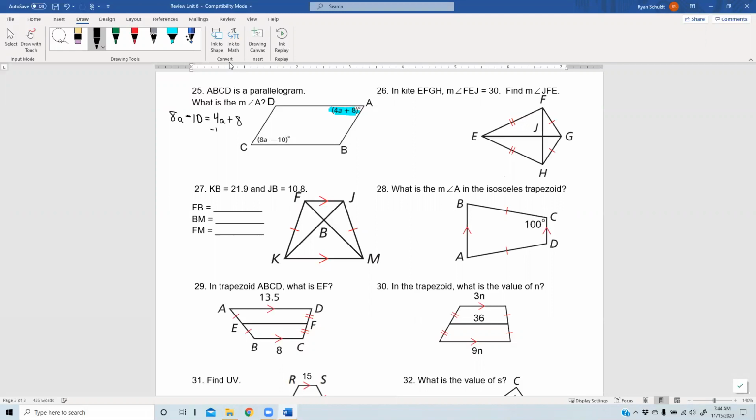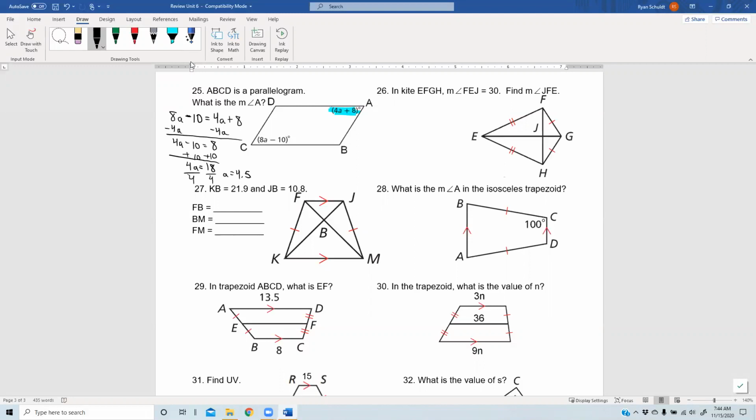And solve for A. So subtract 4A. Get 4A minus 10 equals 8. Add 10. We get 4A equals 18. Divide by 4, and I get A equals 4.5.